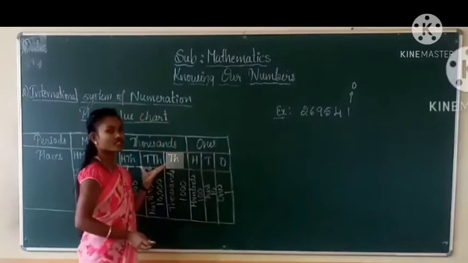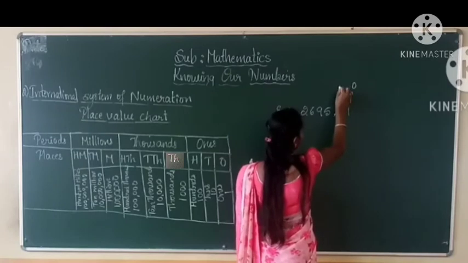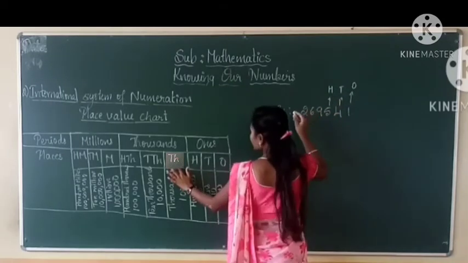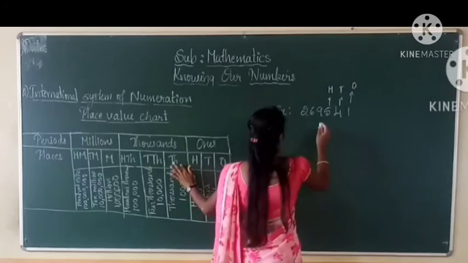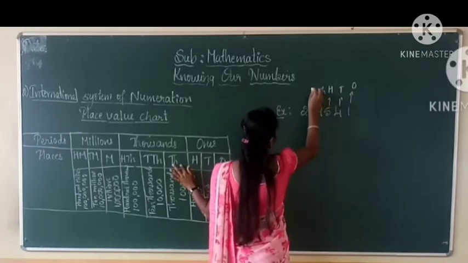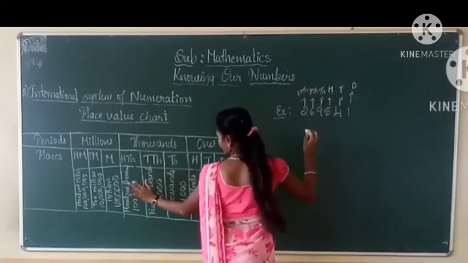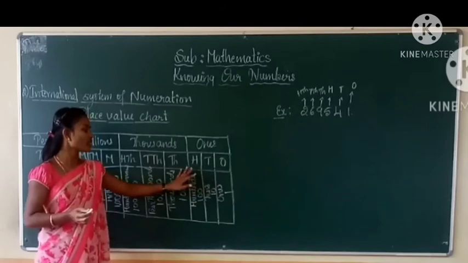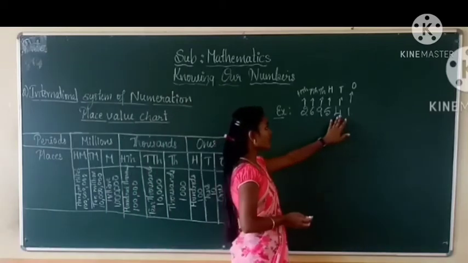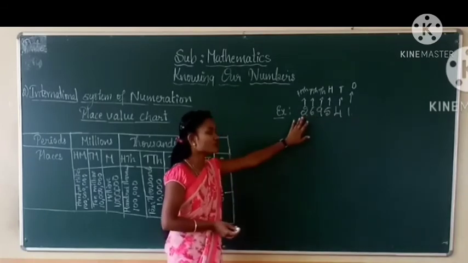So according to the international system of numeration, I am writing first place is 1's place, second place is 10's place, third place is 100's place, fourth place is 1000's place, and the next place is 10,000 place, and the next place is 100,000 place.